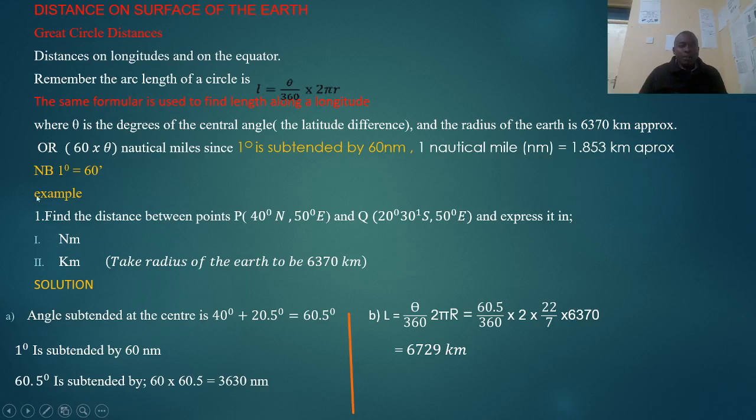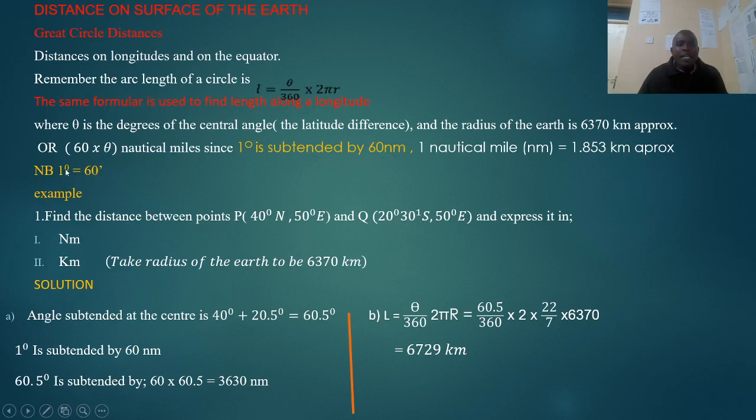And then you need to understand this. If you are given degrees in minutes, with an apostrophe above some numbers, like 30 apostrophe, that means minutes.